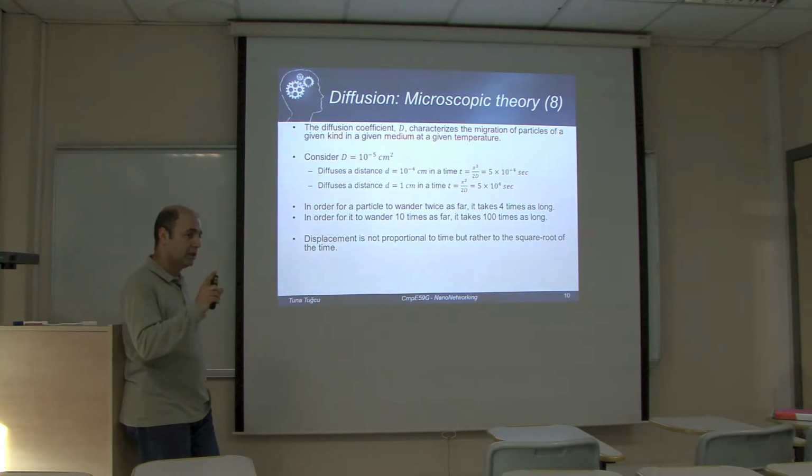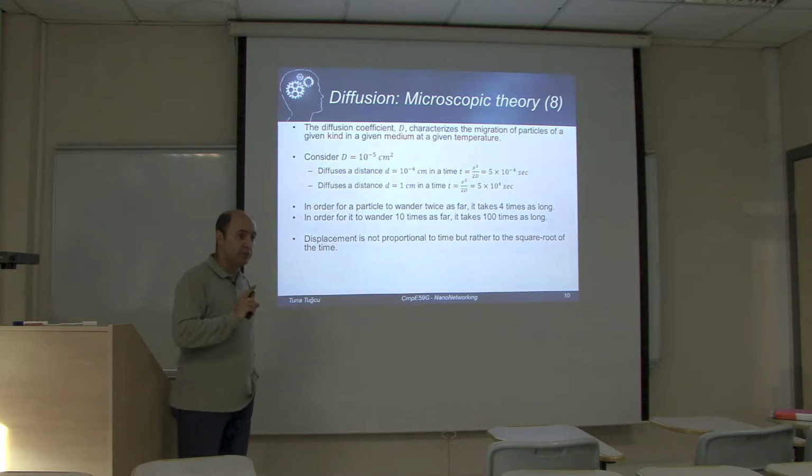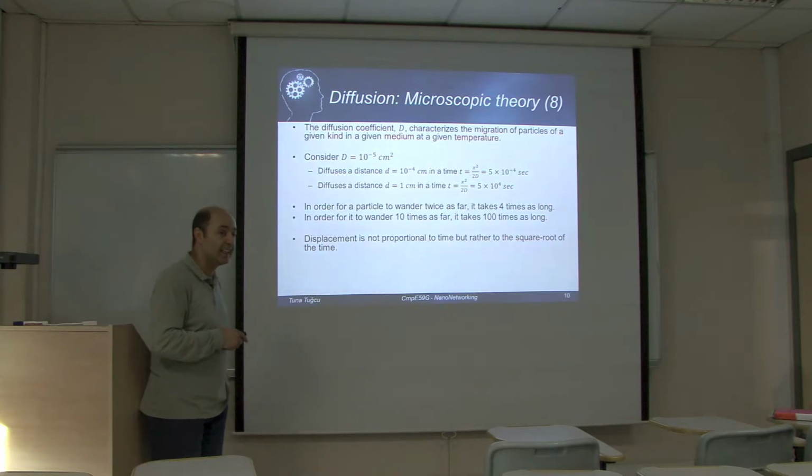Remember, we said previously the molecule, if it was in the vacuum, was able to cross a classroom in a very fast manner, in about a second. Now we're saying it can go a distance of 10 to the minus 4 centimeters in this time. So if you increase the distance to 1 centimeter, you realize that suddenly the time increases much faster.